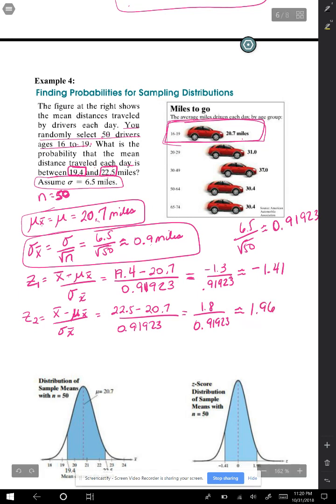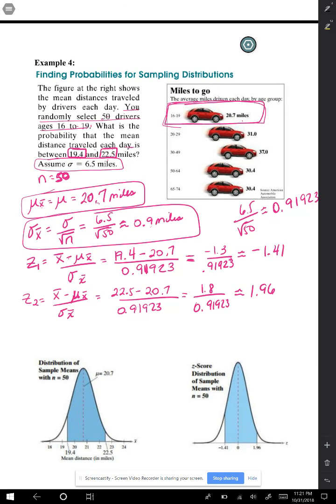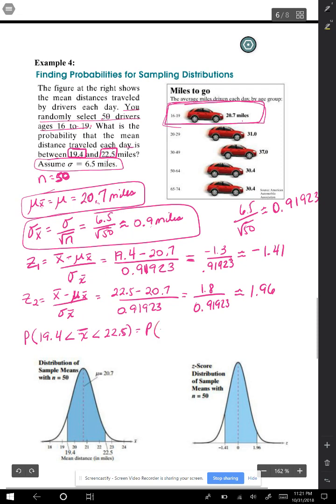So what I've done is I've created z-scores, and now we're going to tie these back in with what we were doing in the previous sections in Chapter 5. So I want the probability that my sample mean, x bar, falls between 19.4 and 22.5, which is equal to the probability that the z-score falls between negative 1.41 and 1.96.